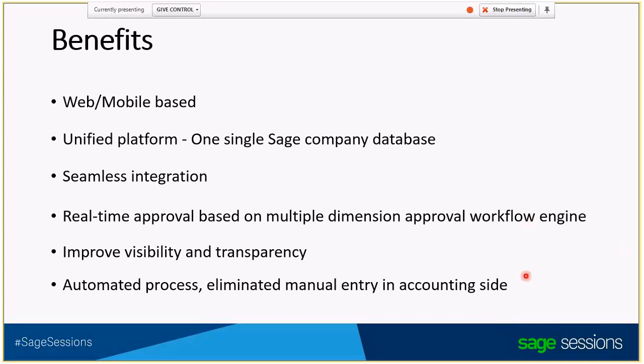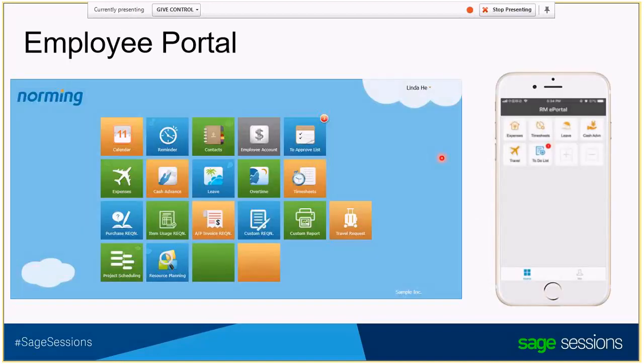Okay, so let's have a look to see what Resource Manager looks like. This is the employee portal. The left side is the web employee portal, and the right side is the mobile app for Resource Manager.